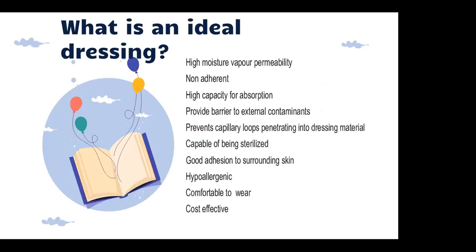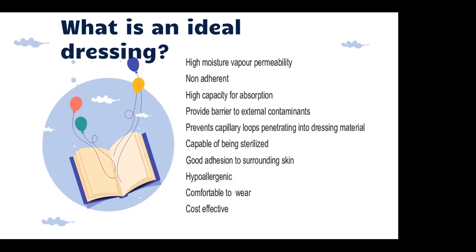Now we are trying to get the ideal dressing, no? So what is an ideal dressing? The description of an ideal dressing is high moisture vapor permeability, non-adherent to the wound bed, high capacity for absorption, obviously, provide a barrier to external contaminants, as you all said, prevent capillary loop penetration into the dressing material, otherwise you have bleeding when you remove the material.